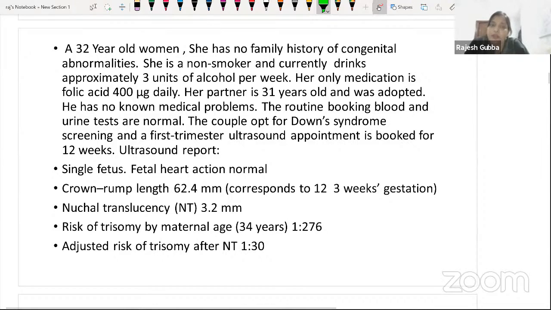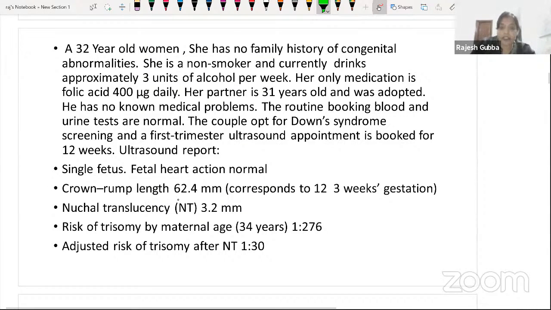Is it advisable to have alcohol in pregnancy? Definitely no, right? Her partner is 31 years old and was adopted. He has no medical problems. The routine booking blood tests are normal.